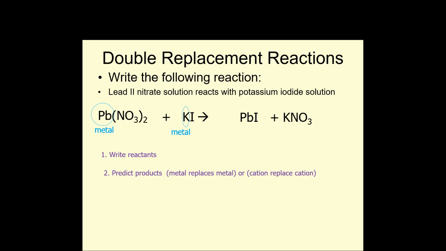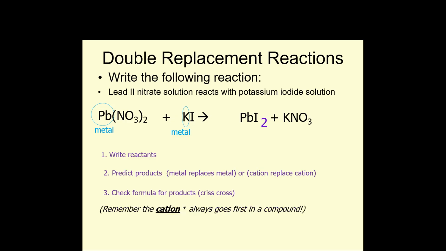Now, lead on the left-hand side was lead plus 2, it says lead 2, and over here it's going to stay lead 2. So if that's lead 2 and iodide, we need to have a 2 on that iodide. Now, it's not balanced. We'll worry about that later because that's not that big of a deal here. Just making sure that the cations swap, and when you're writing the formulas, the cations are listed first.